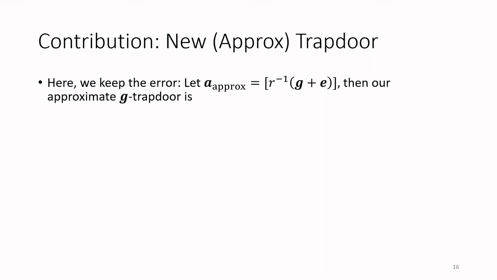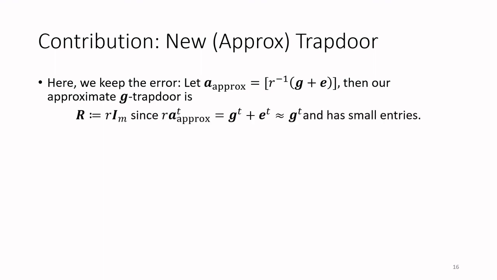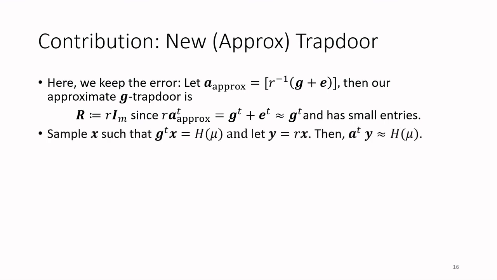Now in this second contribution, we introduce a new family of approximate trapdoors on these iNTRU lattices. Really we just use that this polynomial R with small entries is an approximate trapdoor for G. And the way you do that is the same as in the MP12 case.